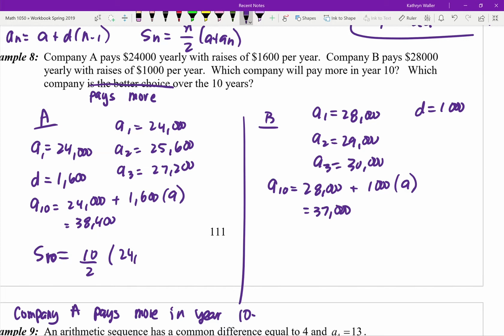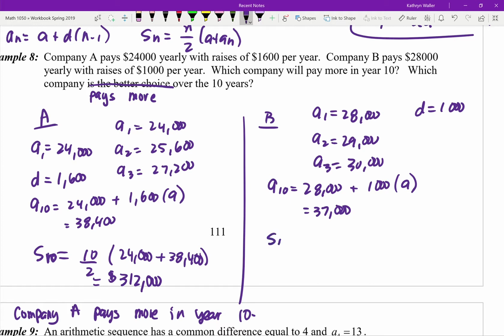First year is 24,000 plus, somebody tell me what to put in for a sub n. 38,400. Yep. So everybody go 5 parenthesis 24,000 plus 38,400, close it off, hit enter, and I get $312,000. That's over 10 years, right?